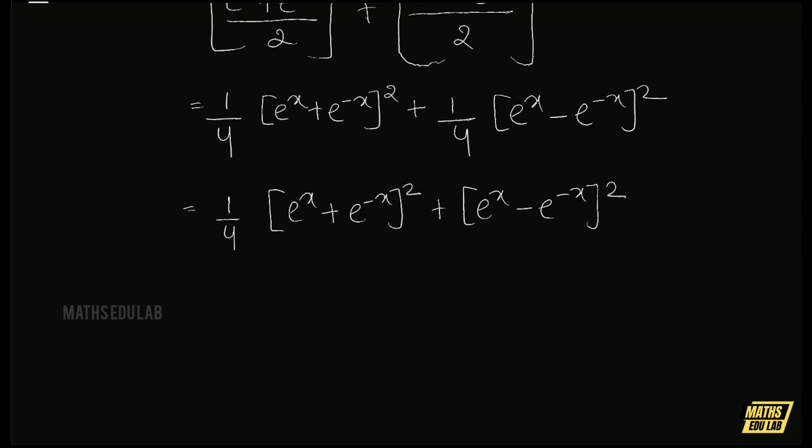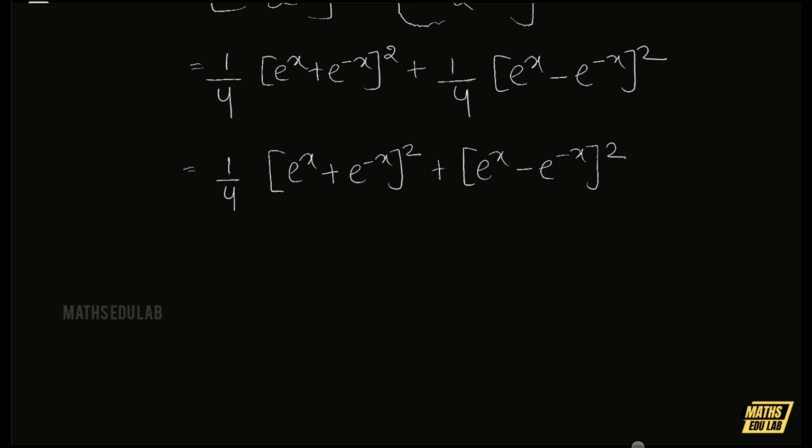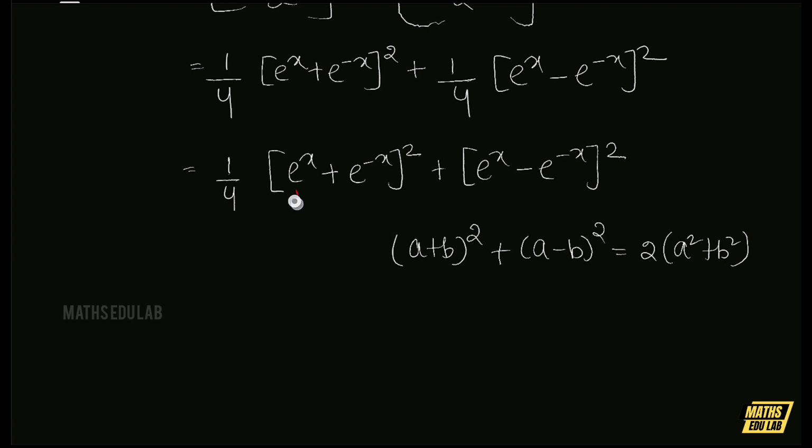Then this is in the form of a plus b whole square plus a minus b whole square, which is equal to 2 times a square plus b square. So consider this as our a value and this is our b value.